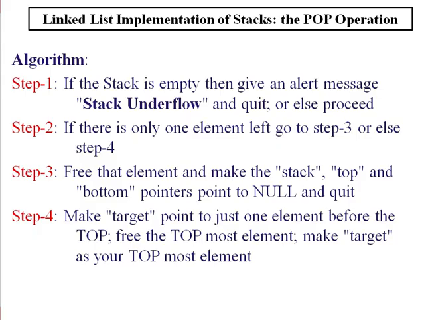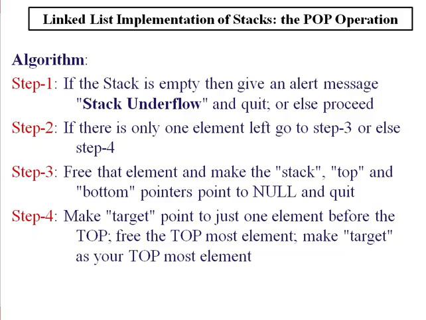If not, then check whether there is only one element in the stack. If there is only one element, then we remove that element and go to the next step. So if the stack has only one element, we remove that element and make the stack top and bottom point to the null value.